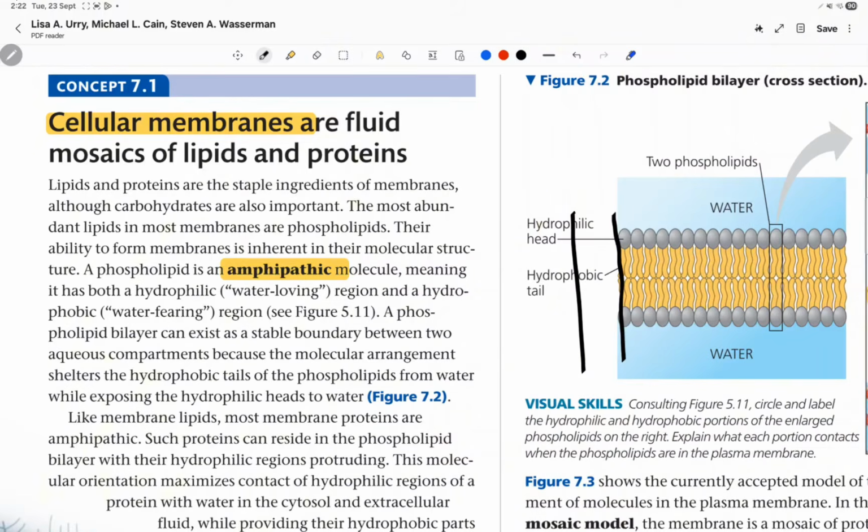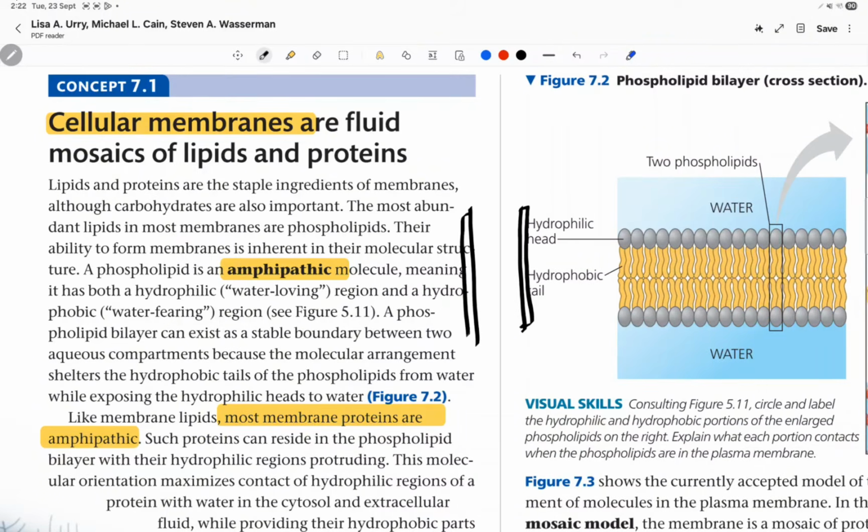Now, of course, the cell membrane is not going to be just made of phospholipids. It must also have membrane proteins, which have to be also amphipathic, meaning that they will be made of a channel like this, with the outside of it being hydrophobic because it's facing the tails, but the inside of it has to be hydrophilic to allow hydrophilic things through it, basically.